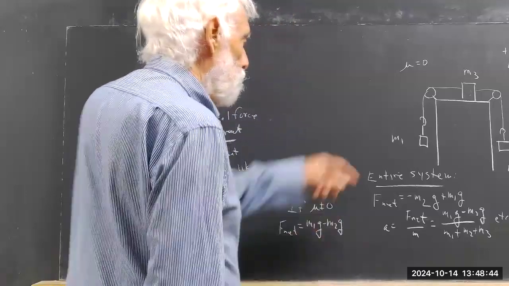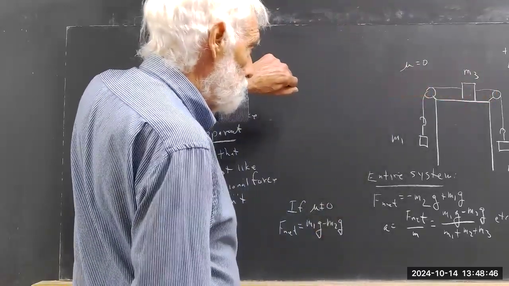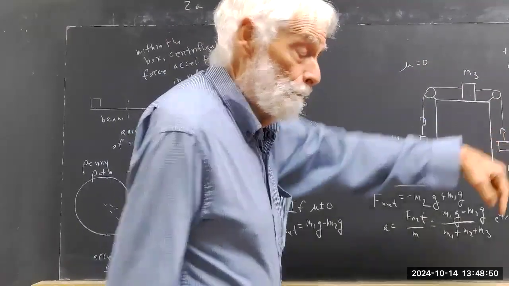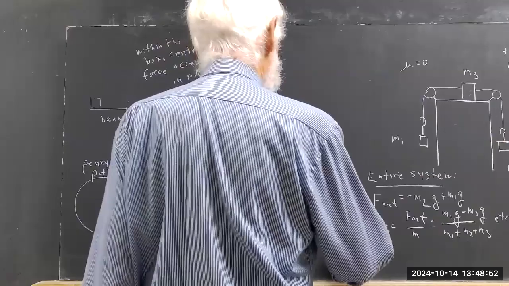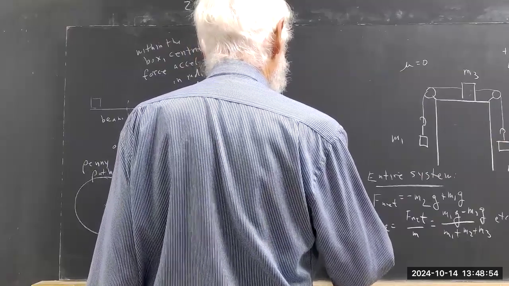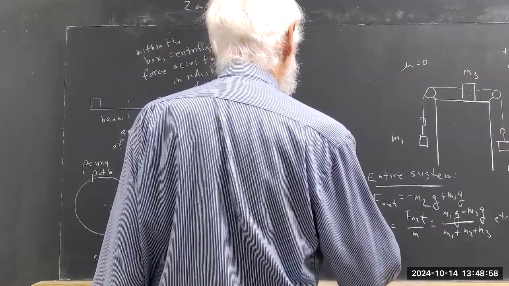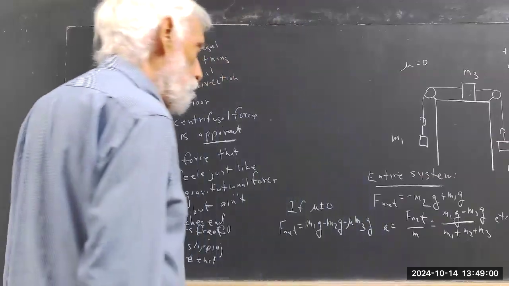If M3 is moving in the positive direction, you're going to have a force in the negative direction, and that's going to give you minus μM3G.